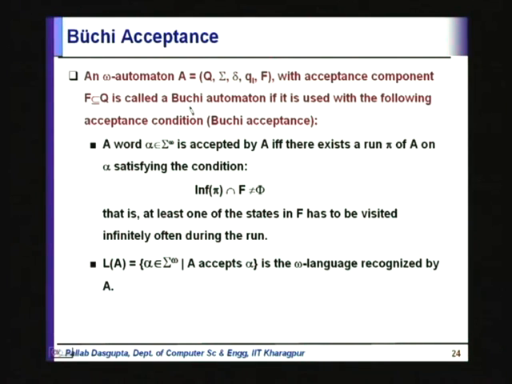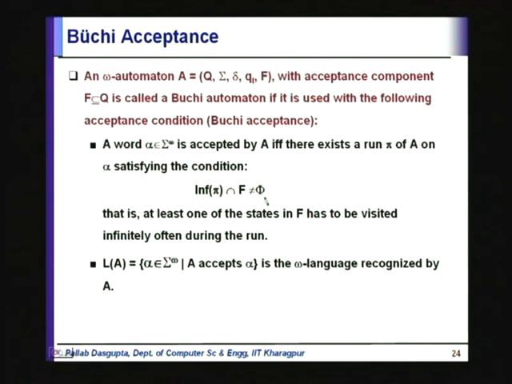And a word alpha belonging to sigma omega is accepted by A if there exists a run pi of A on alpha satisfying the condition that INF pi intersection F is not equal to empty.